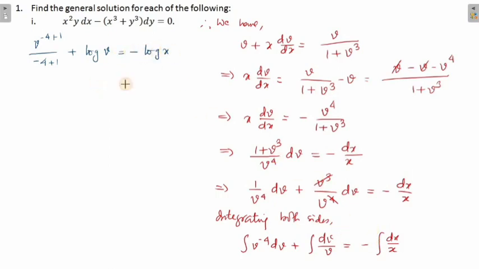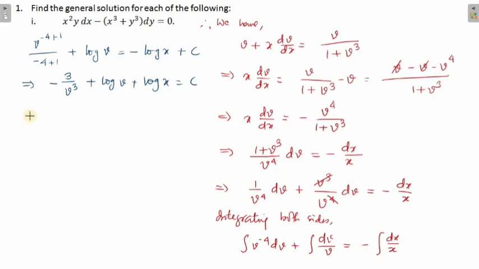As we are done with the integration, let's put a constant of integration here. This is minus 3, so this becomes minus 3 by v cube, plus log v, and moving the minus across, plus log x is equal to c.